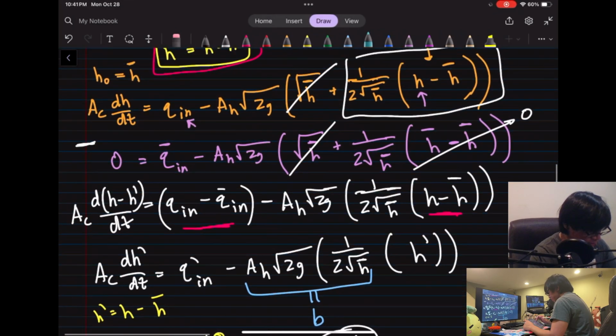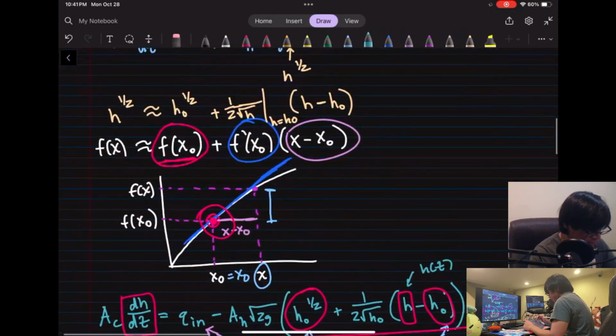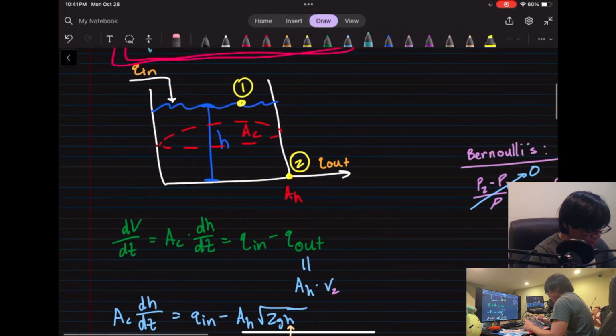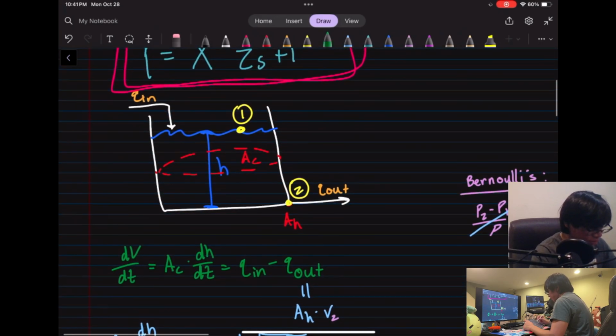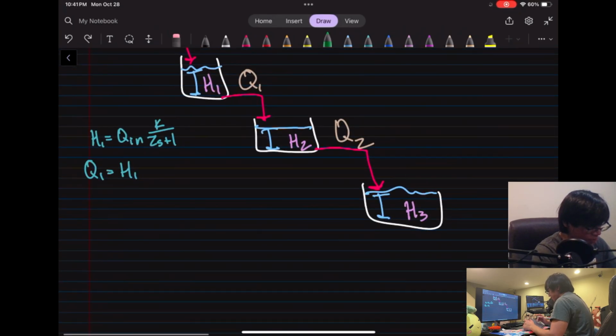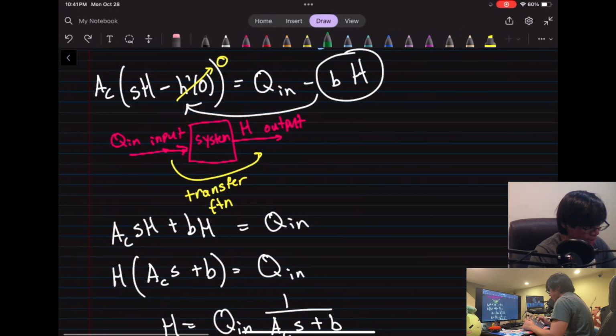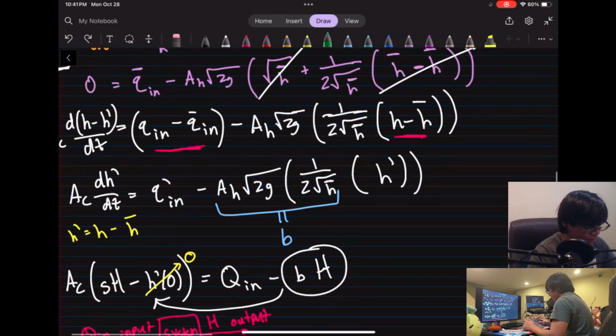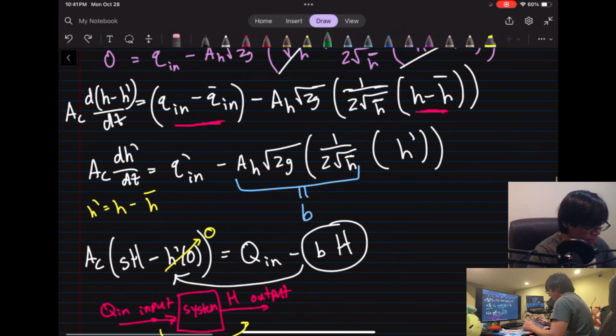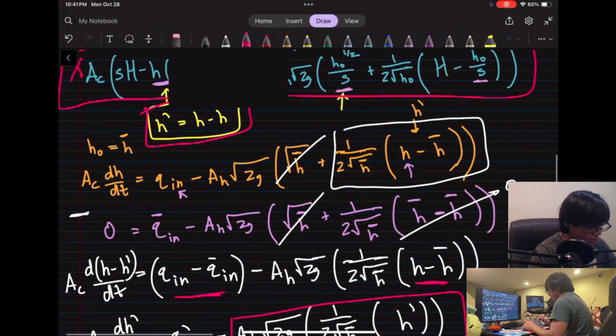The answer is yes, because Q1 is simply our new inlet flow, but remember that is the outlet flow from our previous tank. So we relate that using, well, how have we related height and our outlet flow? Well, you'll know that this entire expression originally was just our outlet flow.